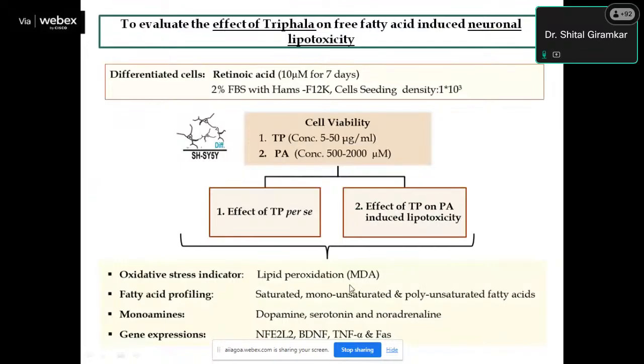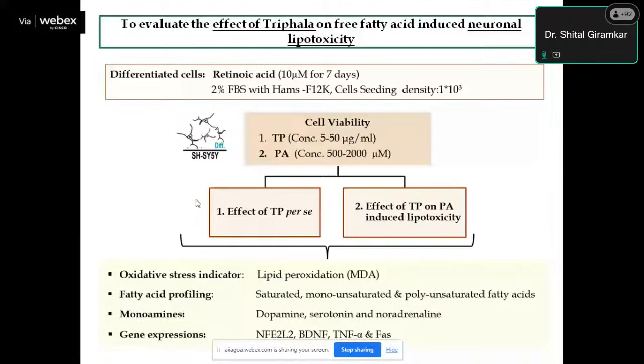And in case of palmitic acid, to induce lipotoxicity in the neuronal cells, we have used 500 to 2000 micromolar, the well standardized concentrations on neuronal cells.